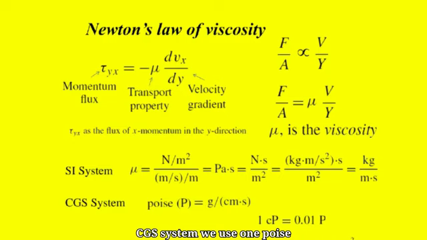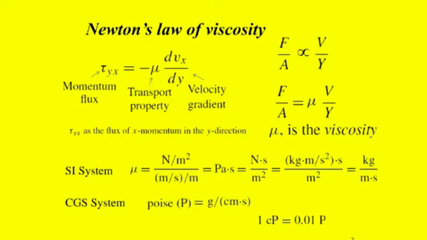In the CGS system, we use 1 poise equal to gram per centimeter second. For practical purposes, we often use centipoise, denoted by small c capital P. 1 centipoise is equal to 0.01 poise.